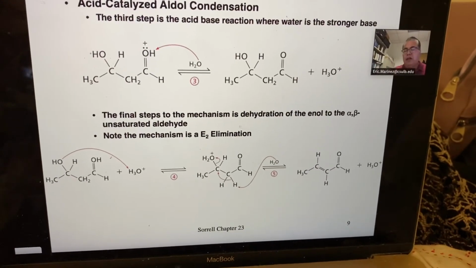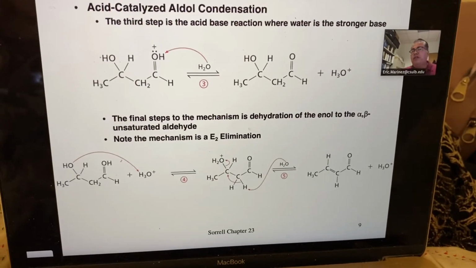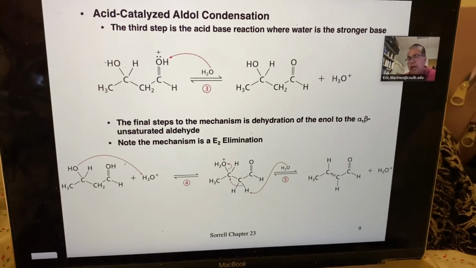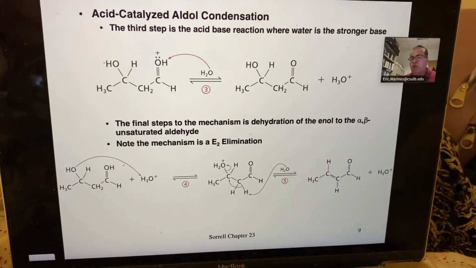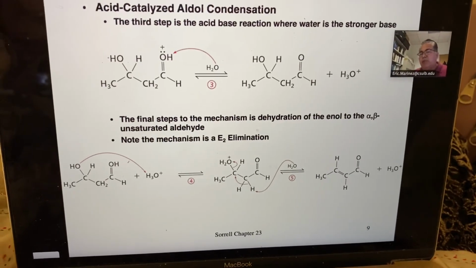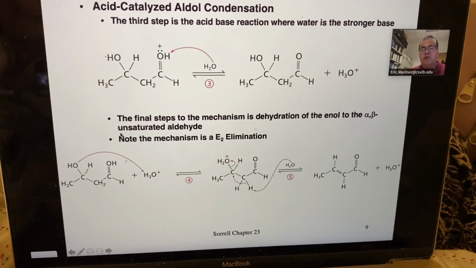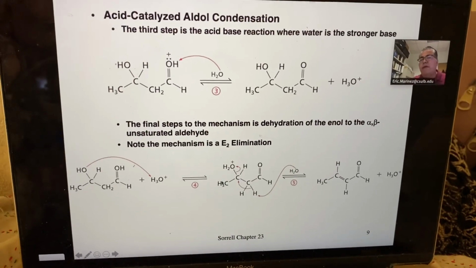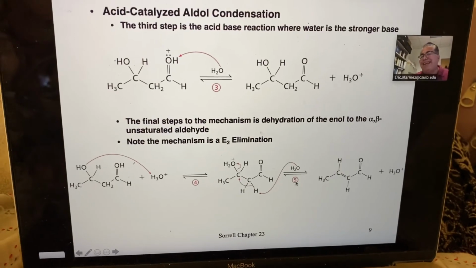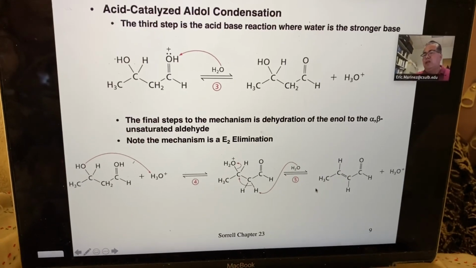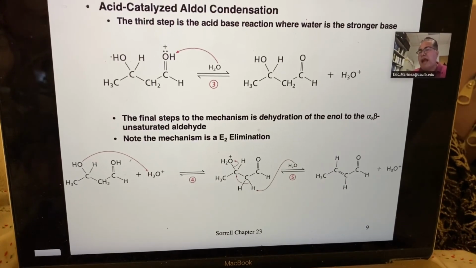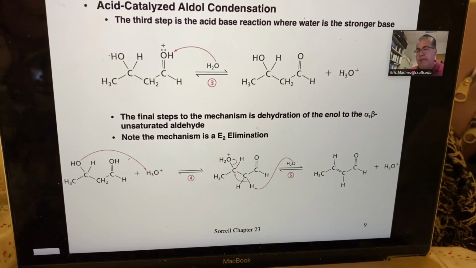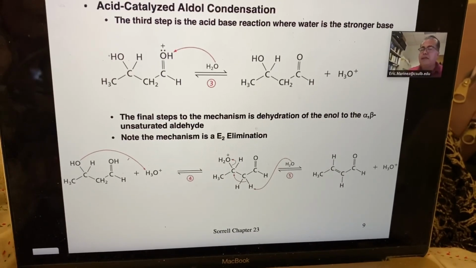In acid, on the other hand, I'm going to use the enol form, and once I get it to react with the aldehyde, the beta hydroxy form will react because I can protonate here, make a good leaving group here, and the elimination is by an E2 mechanism. Okay, so the elimination mechanism is different depending on acid or base. In base, it's E1CB, but in acid, it's E2.